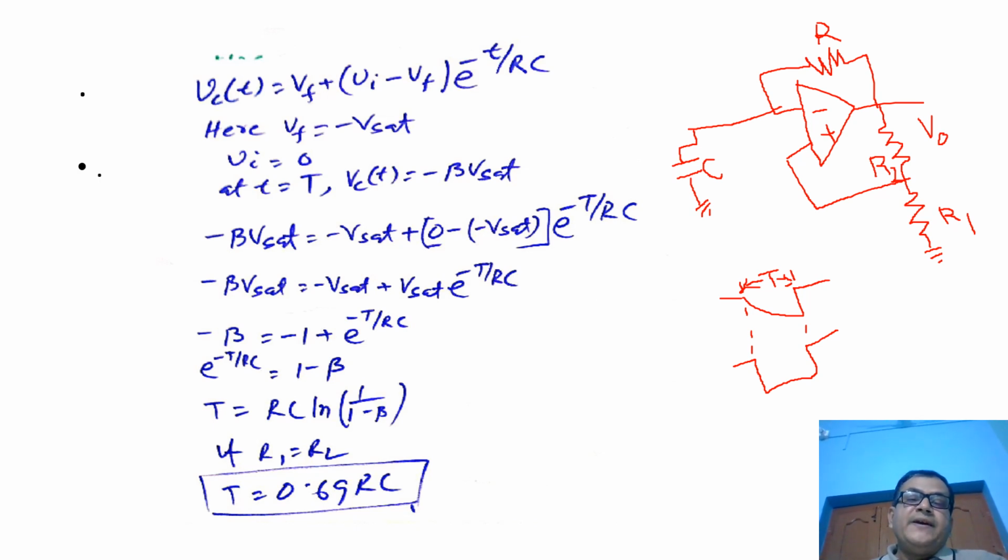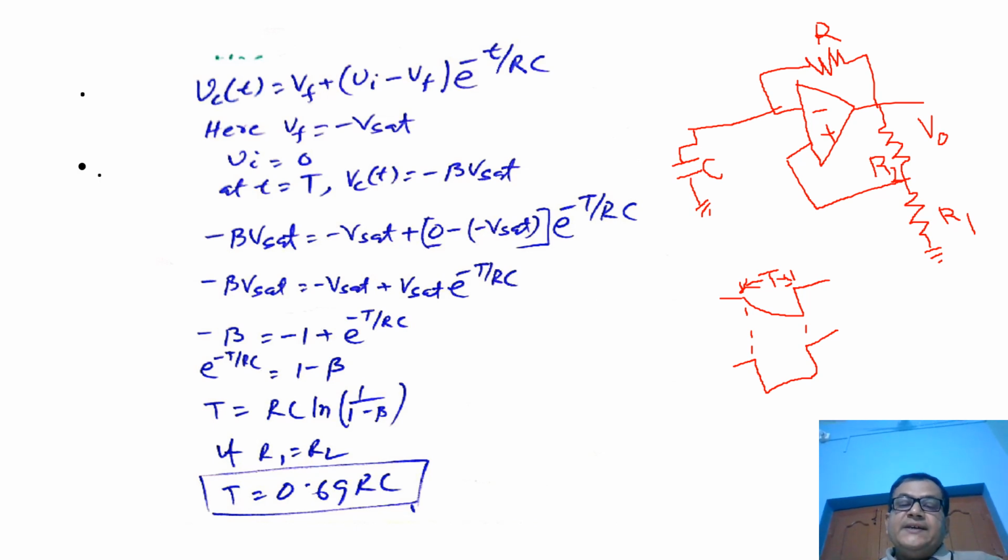Now at t equal to capital T, Vc was minus beta into Vsat. Putting these values in the equation, minus beta Vsat equals minus Vsat plus 0 minus minus Vsat into e to the power minus T by RC. Simplifying, we get T equals RC natural log 1 by 1 minus beta.